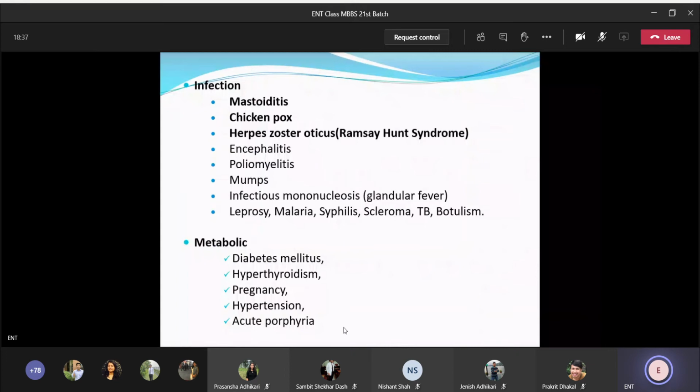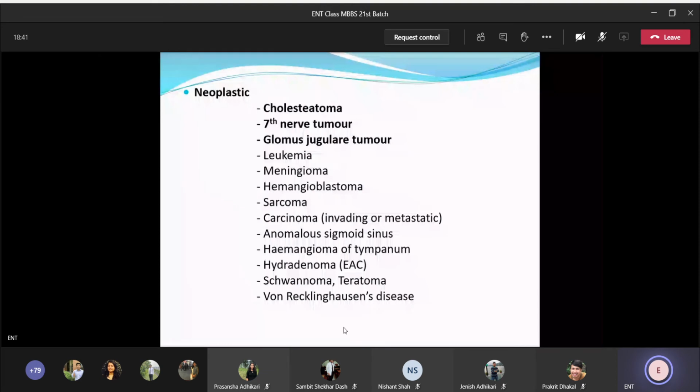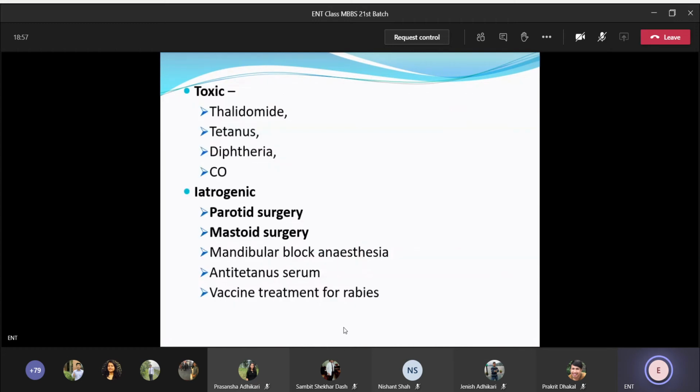Other causes: cholesteatoma, seventh nerve tumor. If the patient develops a facial nerve tumor, glomus jugulare tumor, leukemia, meningioma, hemangioblastoma, and all the others which you can find in the books.